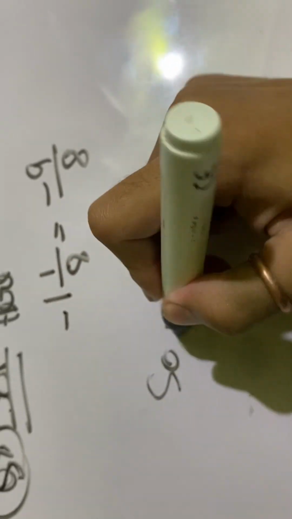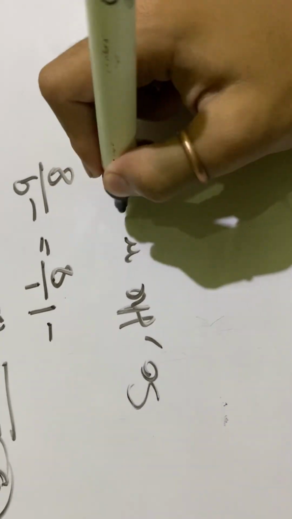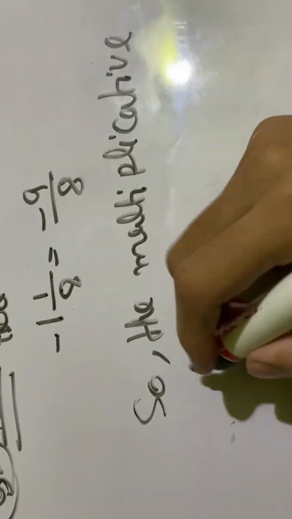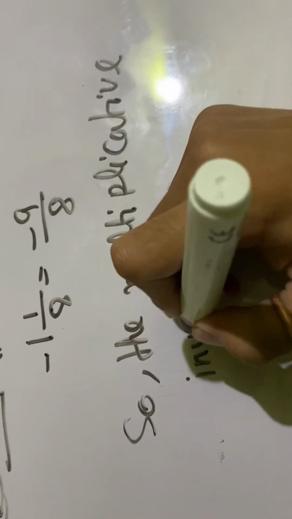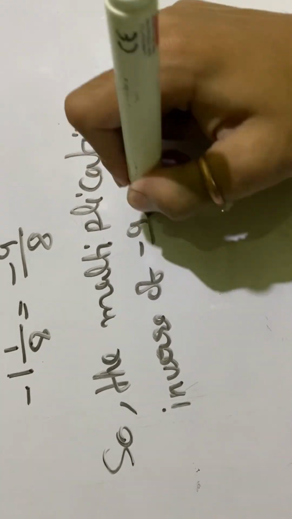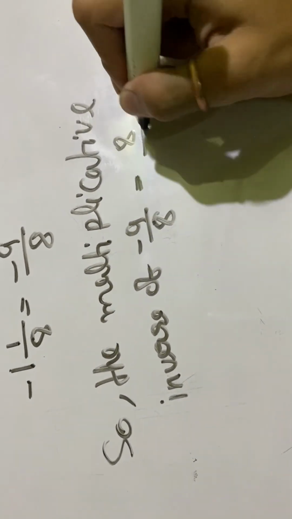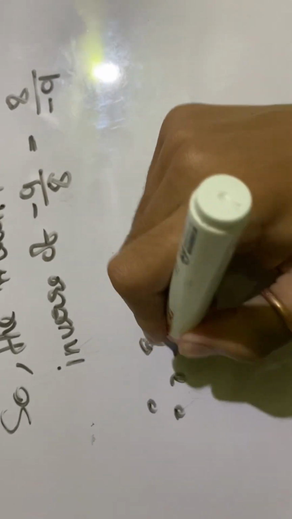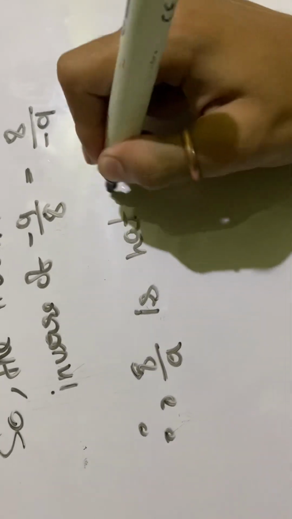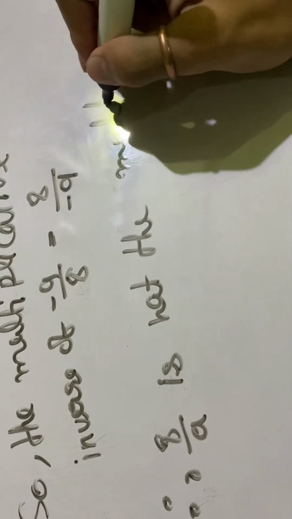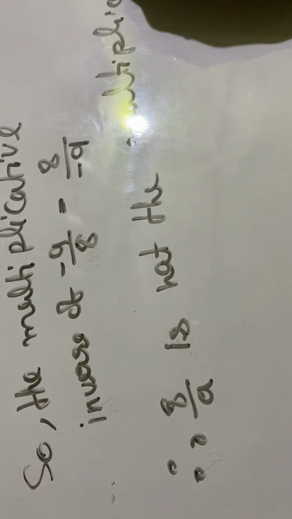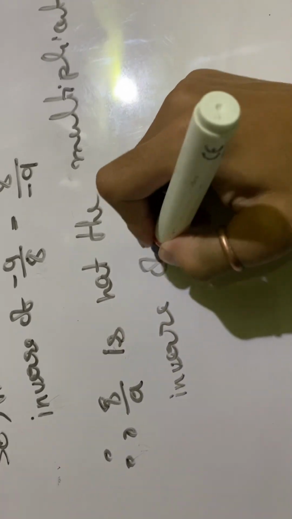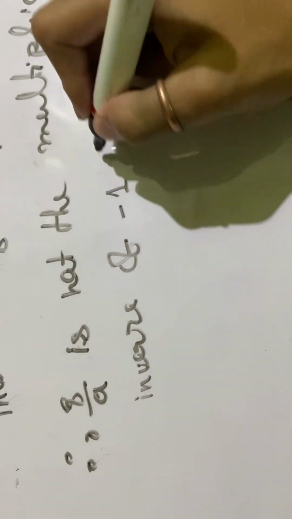So the multiplicative inverse of minus 9 by 8 is 8 by minus 9. Therefore 8 by 9 is not the multiplicative inverse of minus 1 by 8.